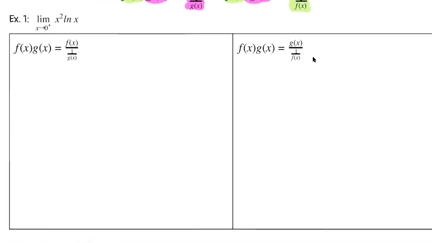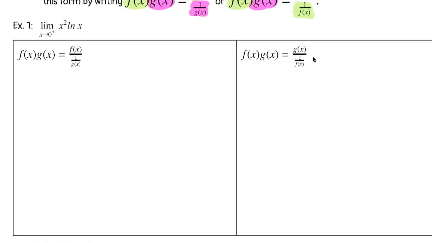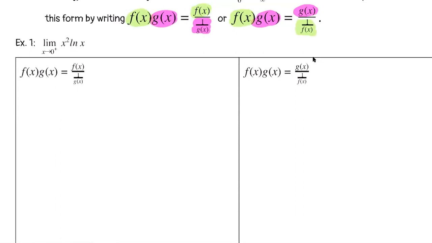So with example 1, let's call our f of x this first one, okay? So f of x will be the x squared. That means that's going to stay in the numerator. And my g of x then is going to be the natural log of x, and we're going to write that as 1 over natural log x.